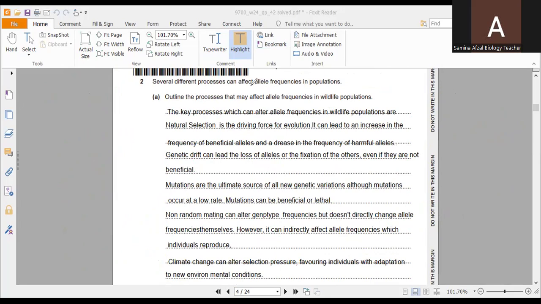Genes are available in different forms, and the different forms of genes are called alleles. Here the question is to outline the processes that may affect allele frequencies in wildlife populations. I have written the answers, so I'm moving towards my answer.